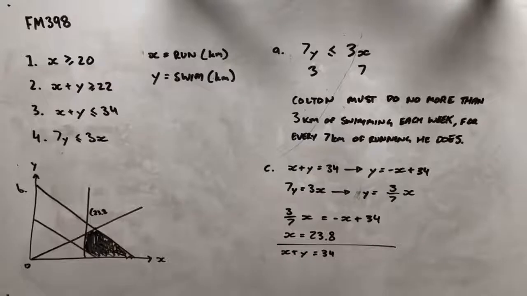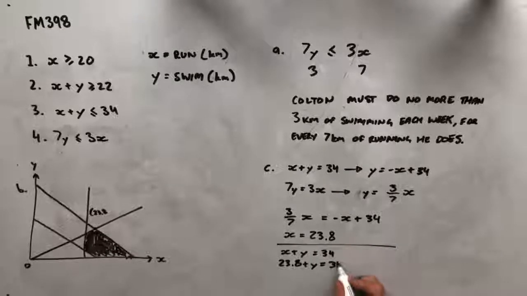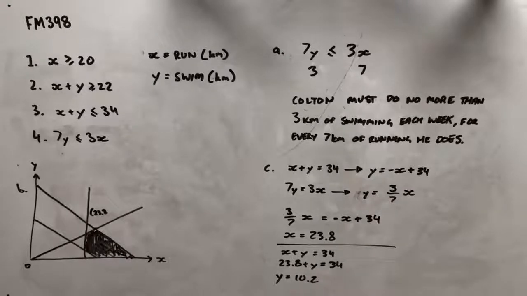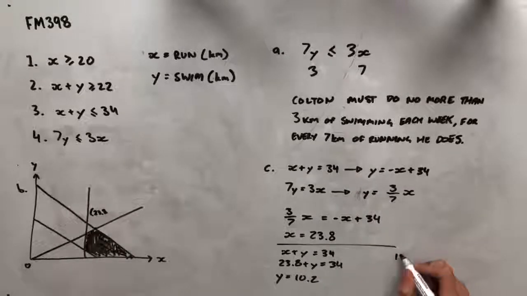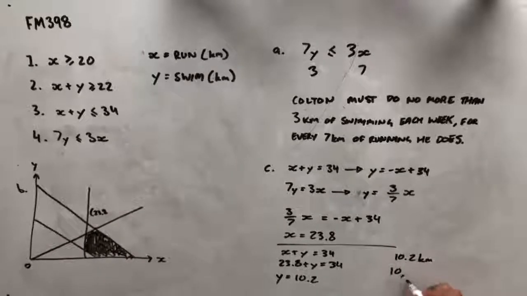I'll even separate these to make it obvious. 23.8 plus y equals 34. Simplifying that, we should get y equals 10.2. Now, just to clarify, that's 10.2 kilometers, which means that our final answer should be 10,200 meters.